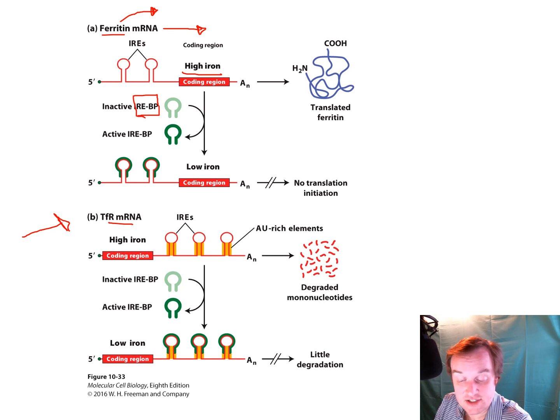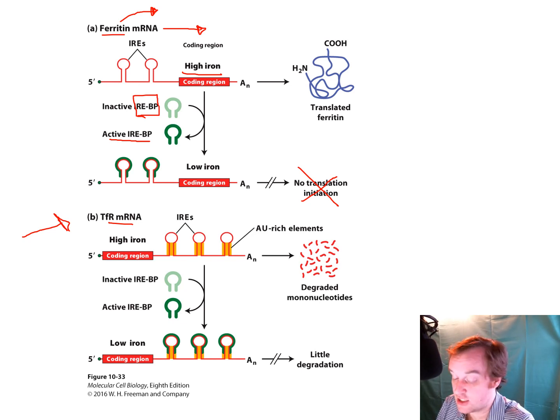Once that concentration is sufficiently low because of the activity of ferritin, then this IREBP, the iron binding protein, will become activated because it is sensing that there's a low concentration of iron, and it will stop the creation of ferritin because we don't need to store any more iron. It's sufficiently low, we have no more need to store it.